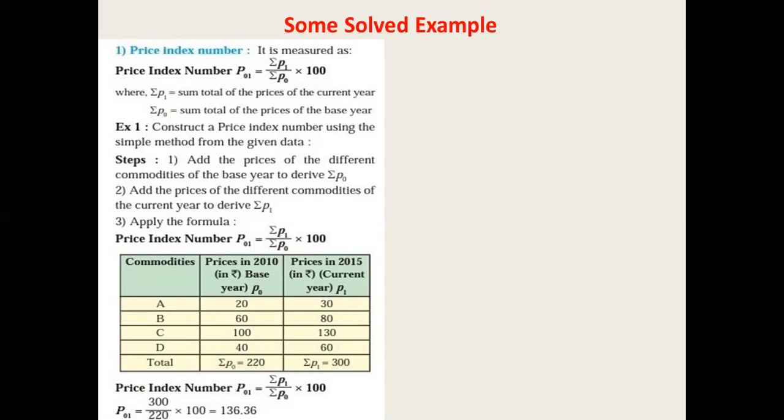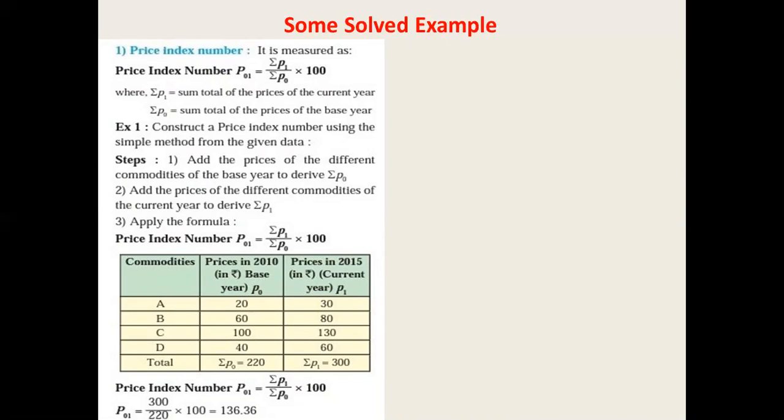The current year is 2015, means a 5 year gap. The prices of 2015, the current year prices, are P1, and the base year prices are P0. How many commodities have we selected? There are 4 commodities, A, B, C, D. For commodity A, the base year price is 20 rupees and the current year price is 30 rupees.